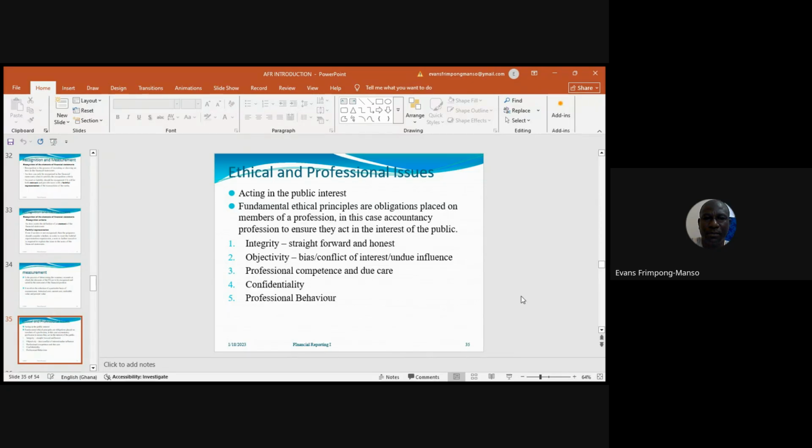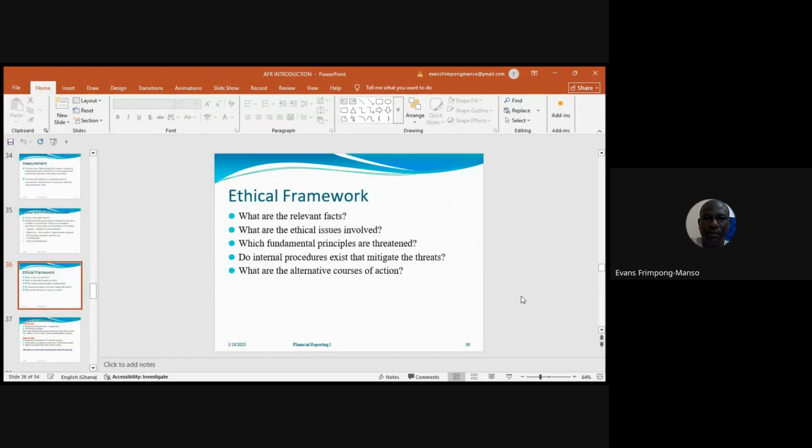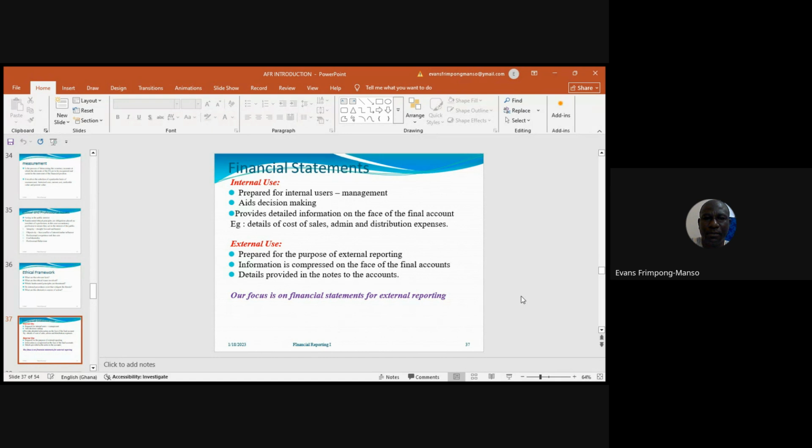Please note them very well. The ethical principles, they are 5: integrity, objectivity, professional competence and due care, confidentiality, and professional behavior. Let's take them one after the other so that I can explain them to you.